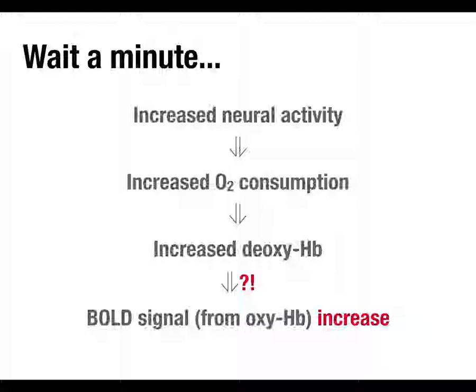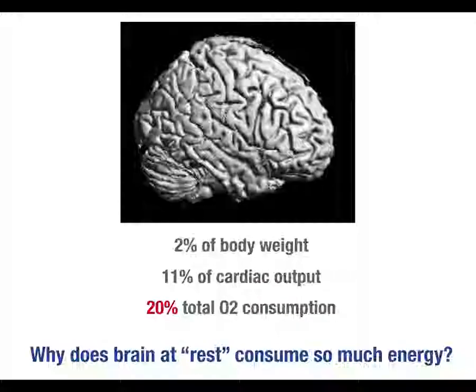On the one hand, it was kind of cool that you see these areas light up, just as you would intuitively expect. On the other hand, it wasn't quite clear what the mechanism was causing this, because the response from the brain seemed backwards to what anybody would rationally predict.